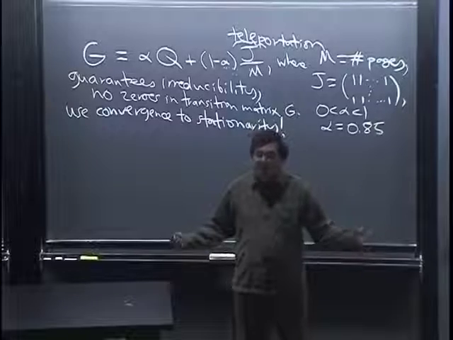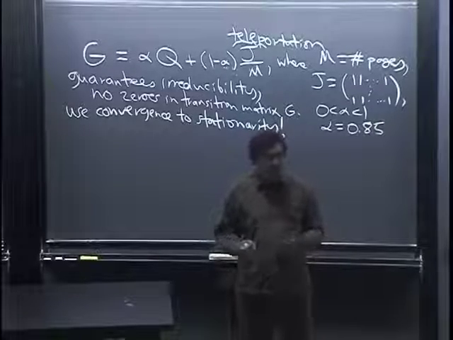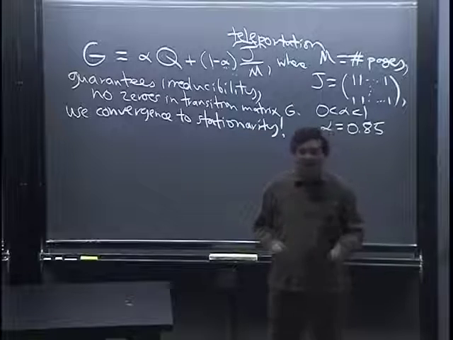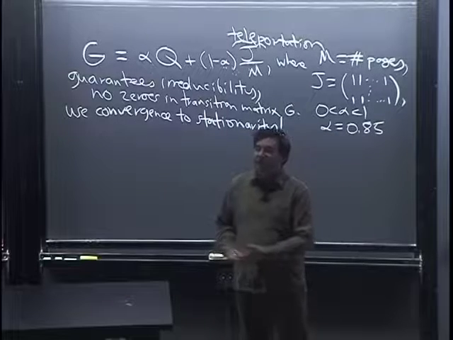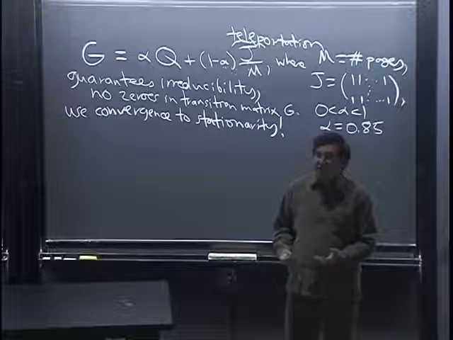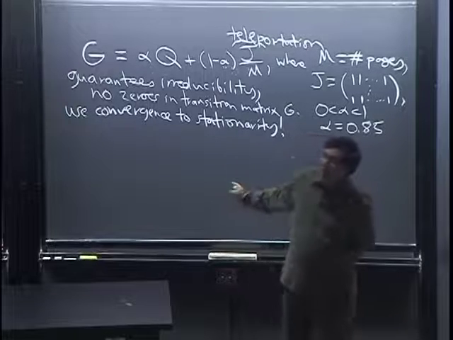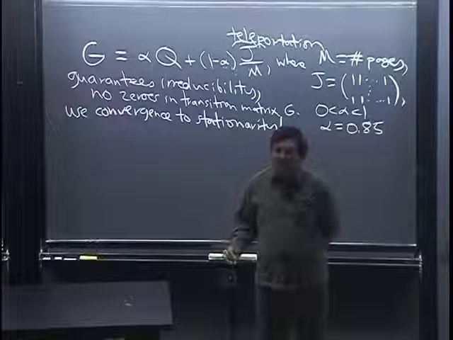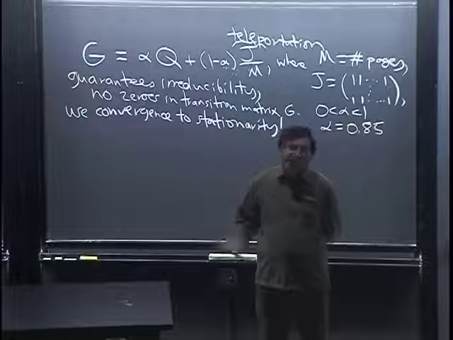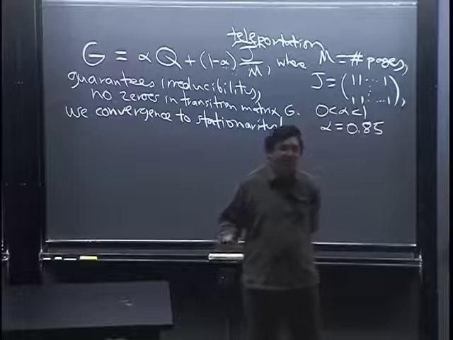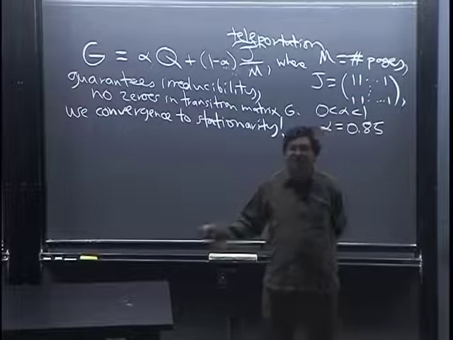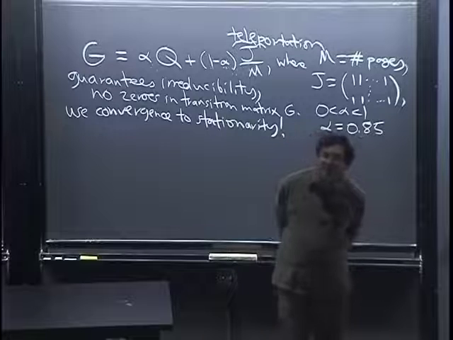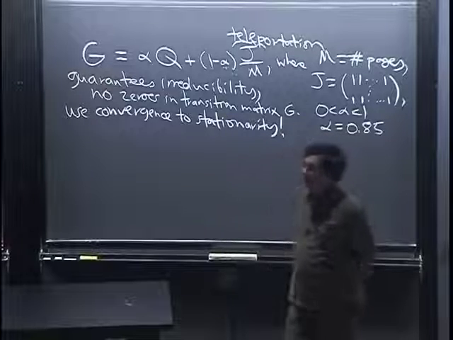Now, there are some very difficult mathematical and computational questions about how long you should run the chain for, and those are not really well understood for a chain as complicated as this. So in practice, what people do is just run it as long as they can, or run it until it looks like it has stabilized. You don't know for sure that if you ran it another week, it wouldn't change to something else. But if it looks like it's stabilized, then you just take that as your approximate solution.